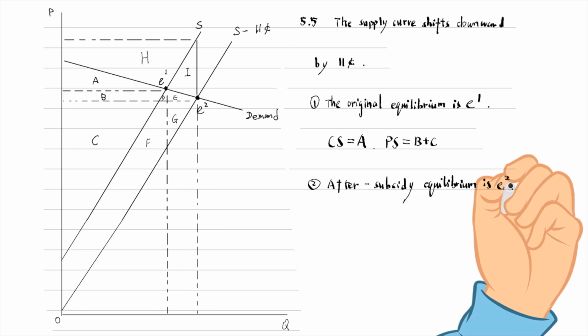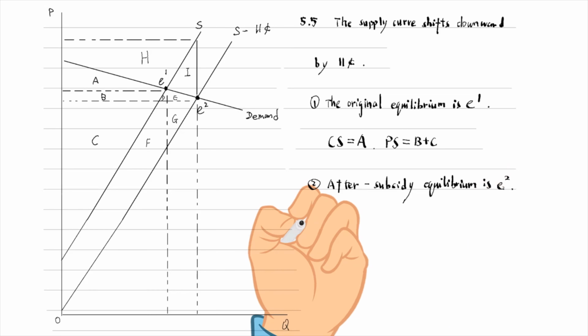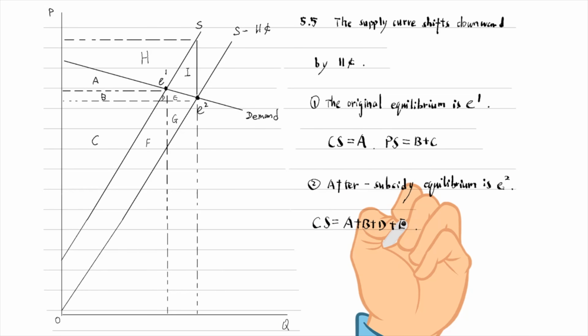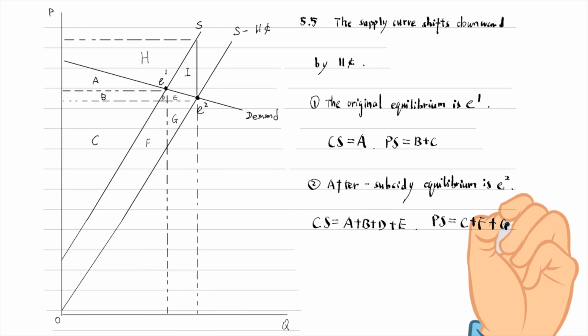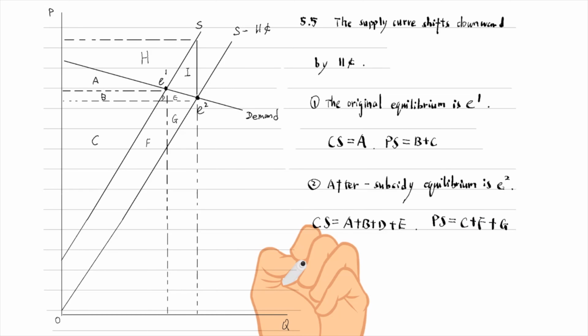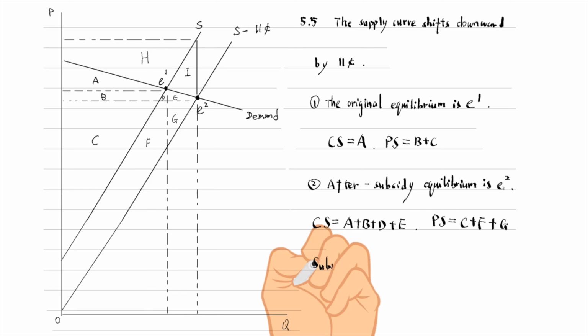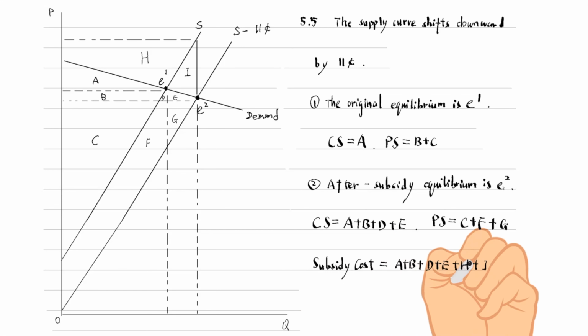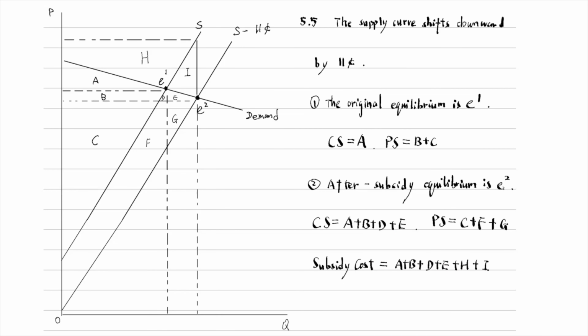The consumer surplus is the area of A plus B plus D plus E. The producer surplus is the area of C plus F plus G. The government subsidy cost equals the subsidy per unit times the equilibrium quantity. It is the rectangle area of A plus B plus D plus E plus H plus I.